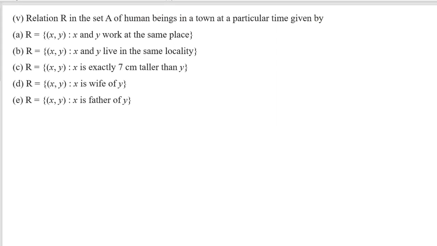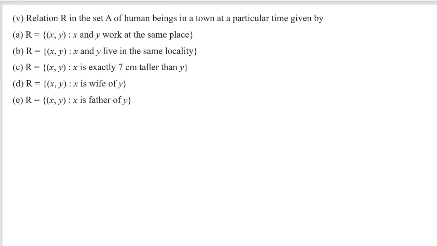Relations in the set A of human beings in a town at a particular time are given by R equal to the first A, B, C, D, E. And here we also have to do the same pattern: find reflexive, symmetric, and transitive.